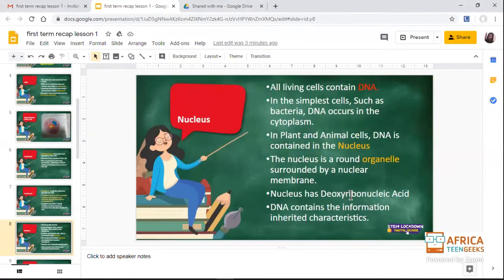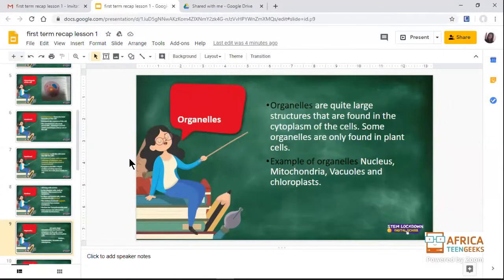So deoxyribonucleic acid, that is what DNA stands for. All right, so you are fine. That's great. And now under organelles, we know that organelles are quite large structures that are found in the cytoplasm of the cells.